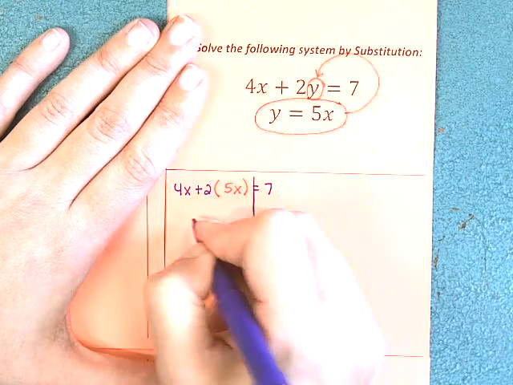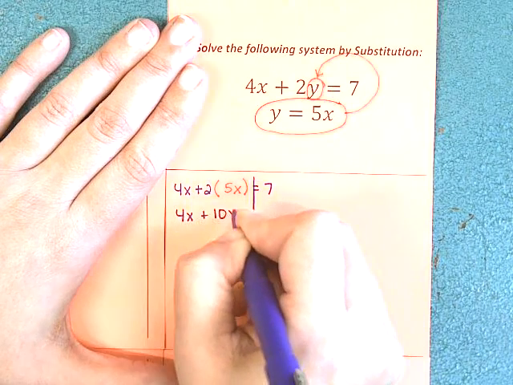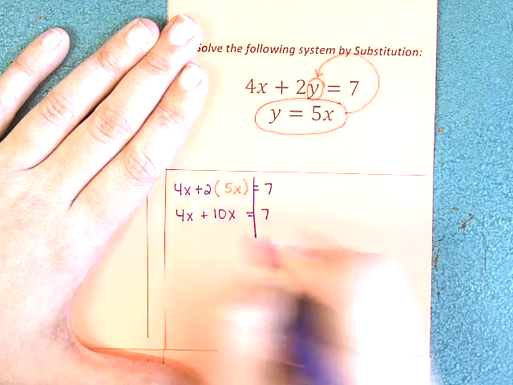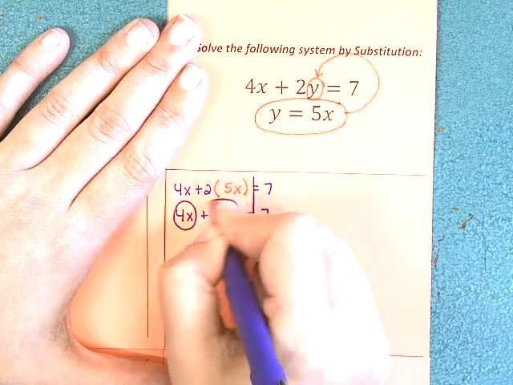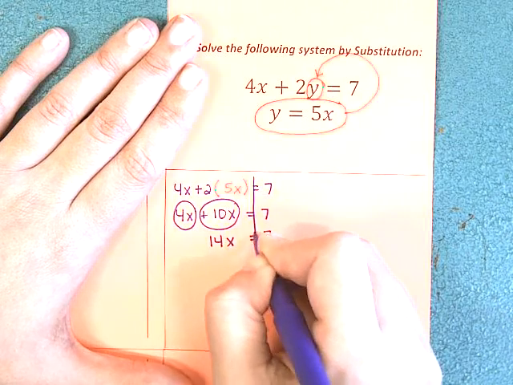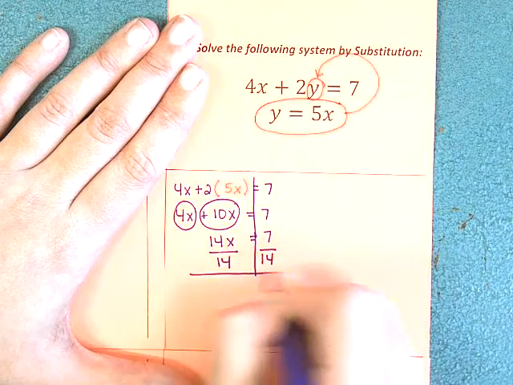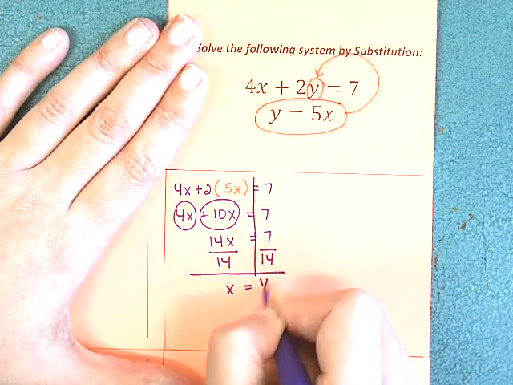Now 2 times 5x gives me 4x plus 10x equals 7. If I combine those two terms, I get 14x equals 7. And if I divide by 14, I solve and I get x is 1/2.